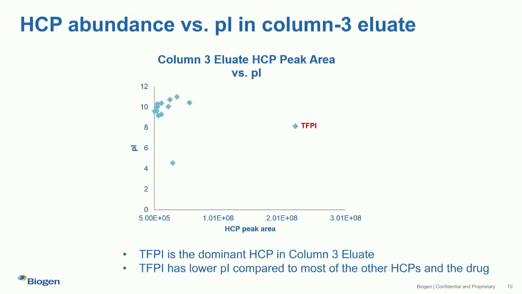So we plot these 10 identified host cell proteins using their abundance against the theoretical isoelectric point.